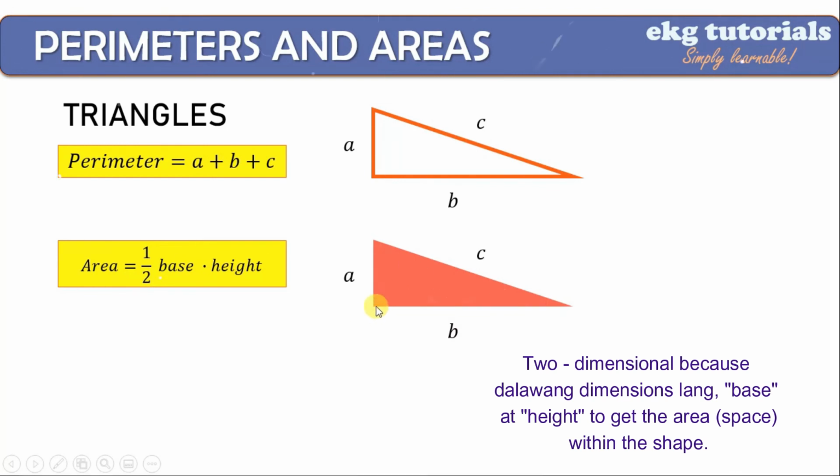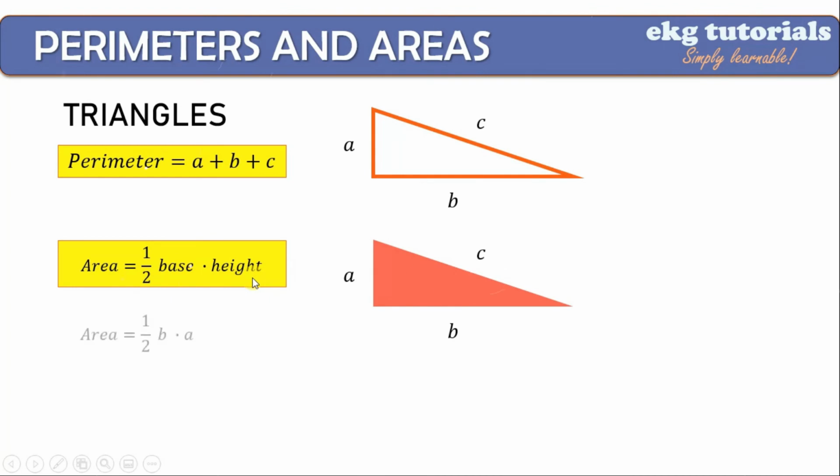So, in this particular side, ito yung nagsisilbing base ng ating shape, which is in this case, a triangle. So, ito daw yung formula ng area ng triangle. It's basically 1/2 base times the height.